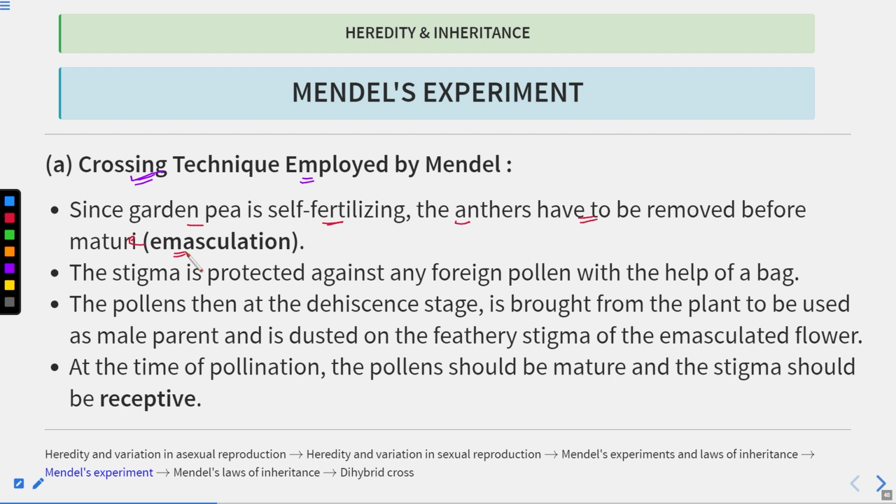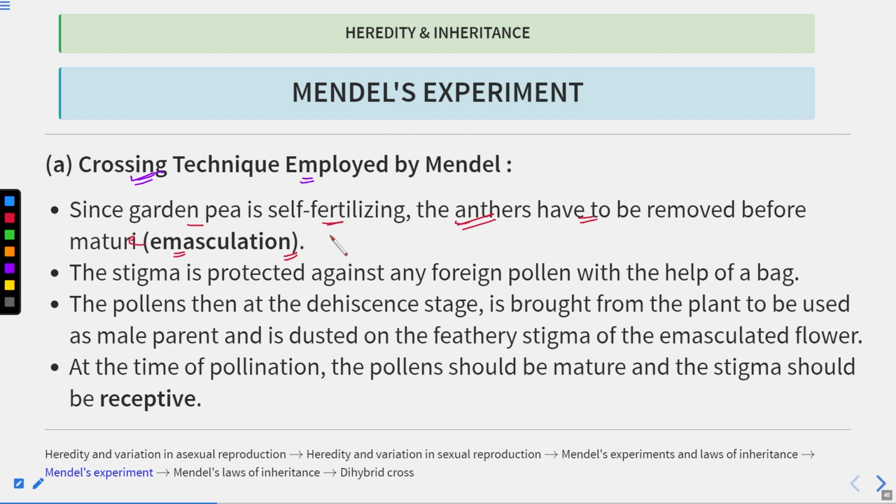The pea plants are predominantly self-fertilizing because they have bisexual flowers, so he had to remove the anthers before they get mature. If they get mature, they will release the pollen grains. So emasculation was done. Emasculation is the removal of the anthers before they mature. This will promote cross pollination.